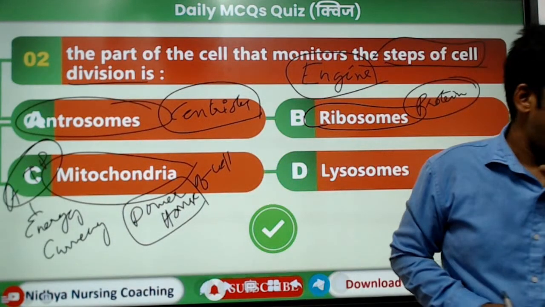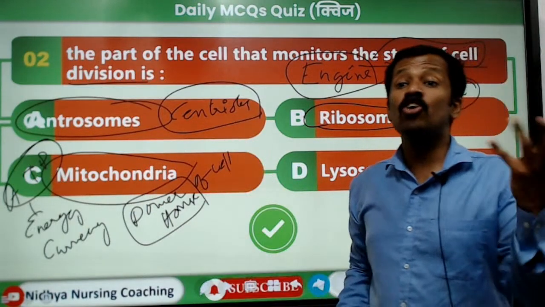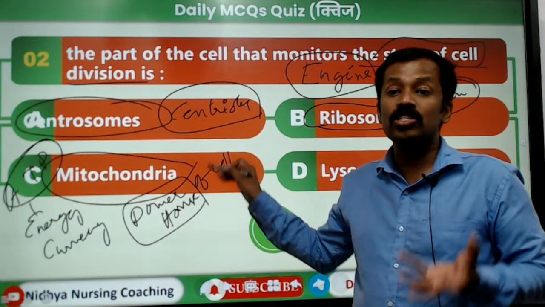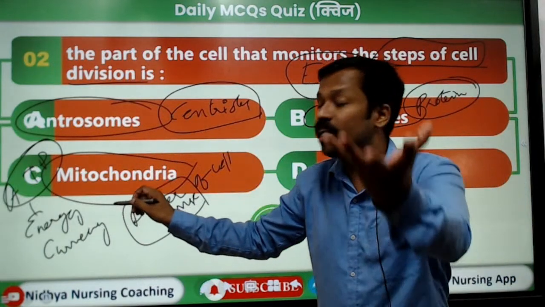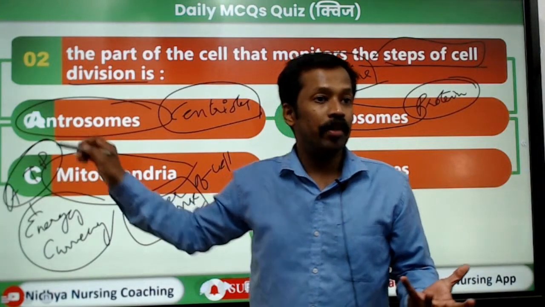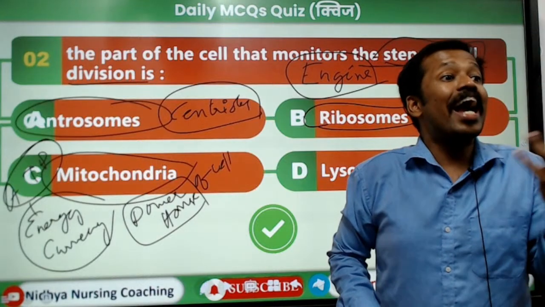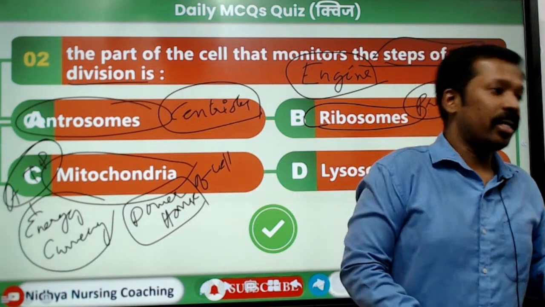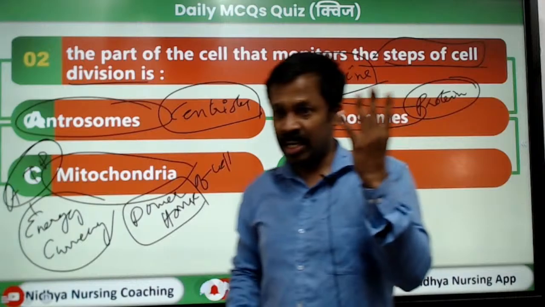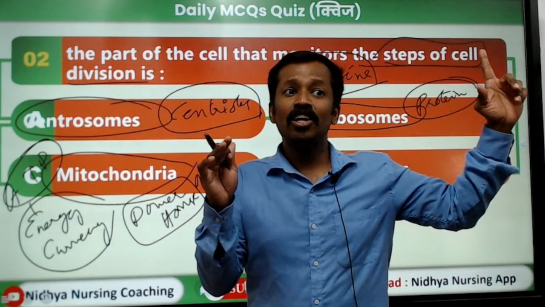Mitochondria is known as the powerhouse of the cell because it contains the energy currency of the cell, ATP. ATP produces energy from glucose. Yesterday we discussed that ATP splits into ADP plus phosphate.